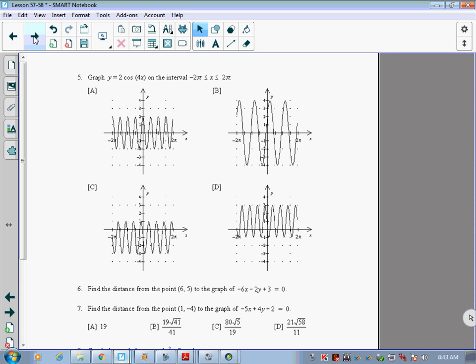The center line is always something that's added to or subtracted from the total function, okay? So 2 is my amplitude, so we know that we've got a cosine function with a maximum at 2. What is the center line based upon our equation? 0, okay? 0.